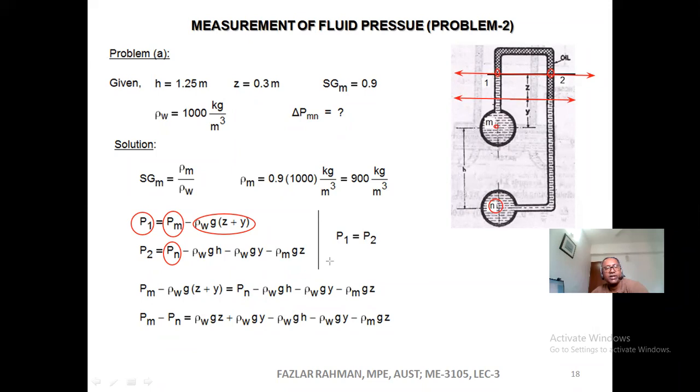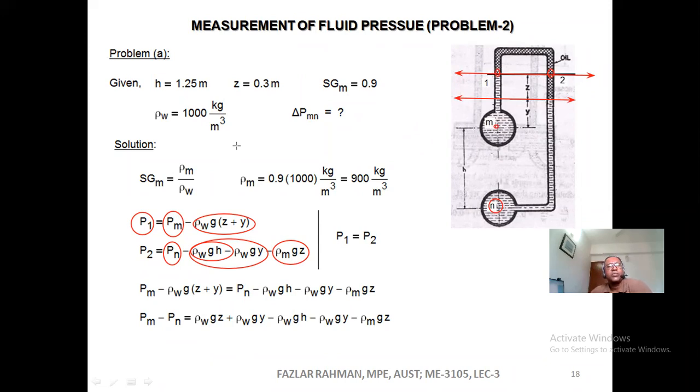H plus Y, right? Then you can say rho GH. That means you will get these two values. Then you go that much, height is Z, but your manometric fluid will be rho m. Then you say P1 equal to P2, then easily you can figure out the difference.